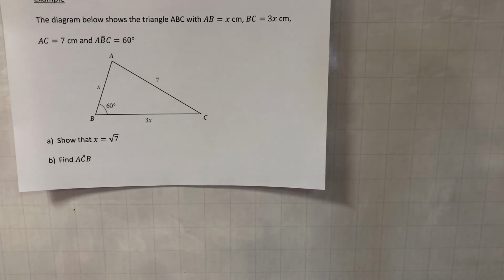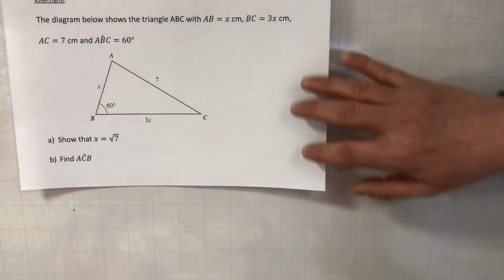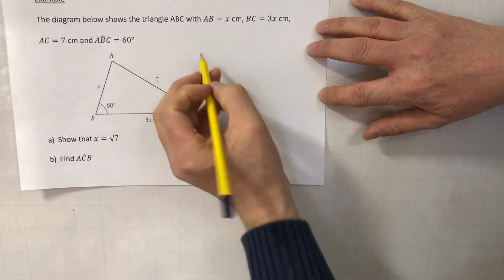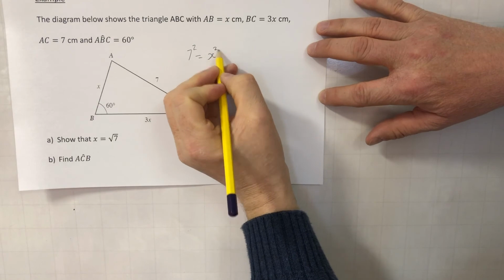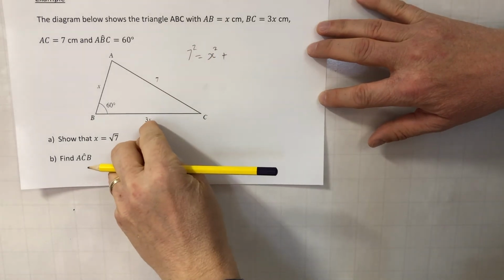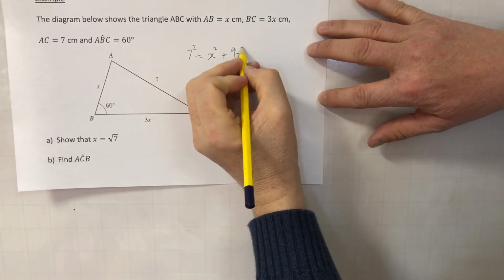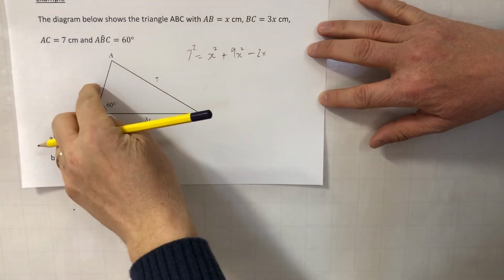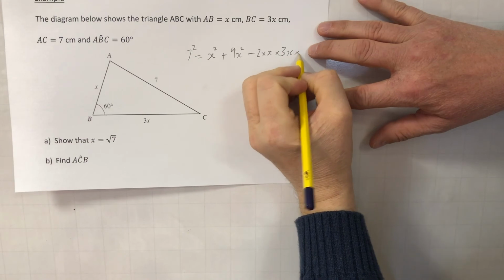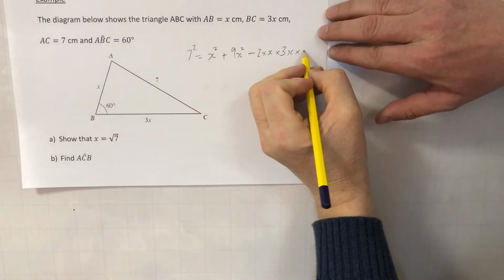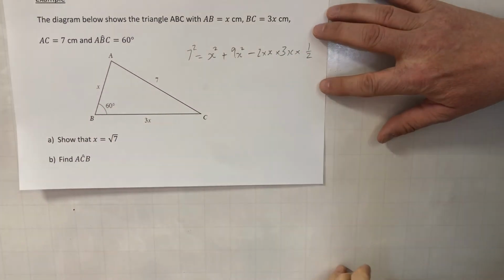So another challenging question using the knowledge of your sine rule, cosine rule. Again, only one angle is mentioned, so I can use cosine, and I can say that 7 squared must be the same as that squared added to that squared. Well, that'll make it 9x squared. Take 2 times x times 3x times by the cos of 60, and the cos of 60 is a half.